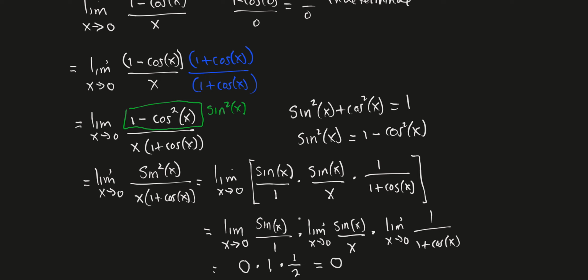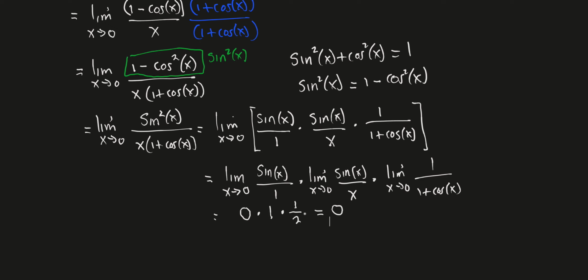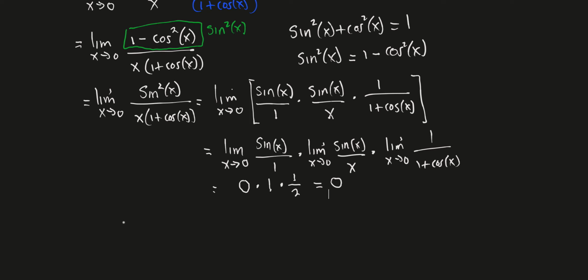So I think these are two very important trig limits, and we were able to evaluate them using geometry and the squeeze theorem and algebra. But just to summarize, we have the limit as x approaches 0 of sine x over x, that's equal to 1.